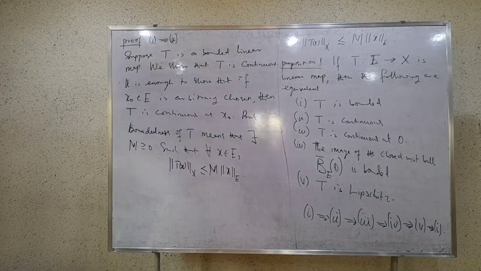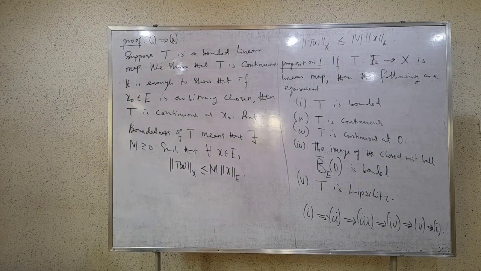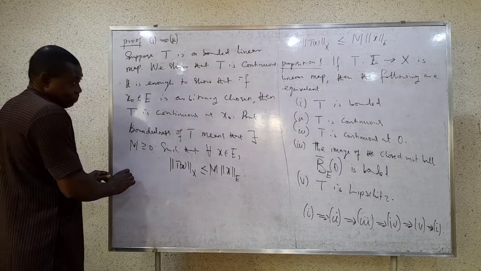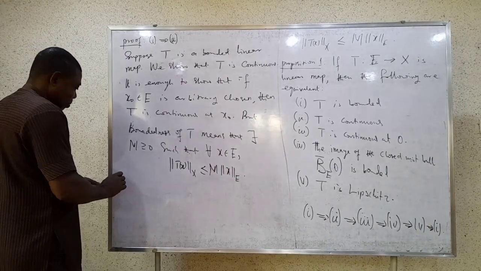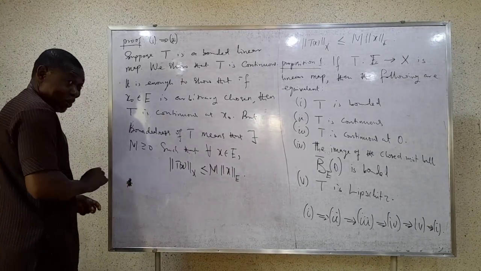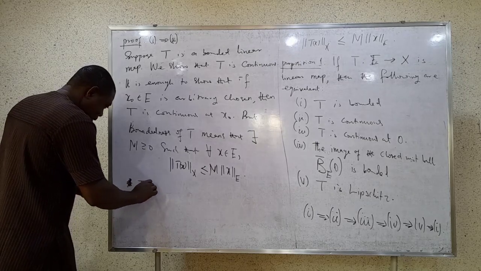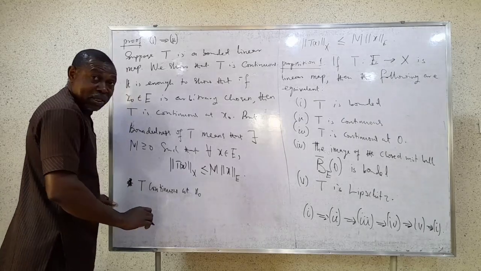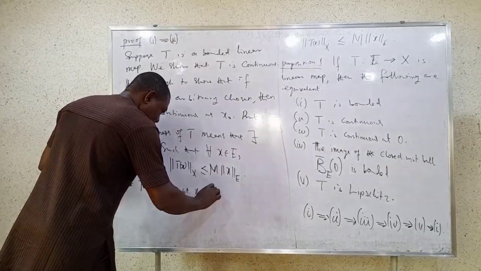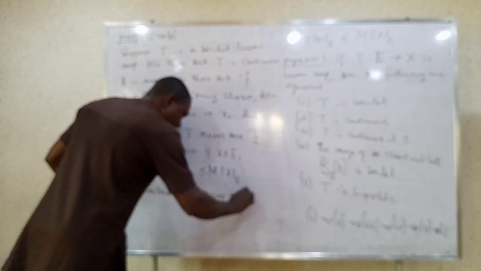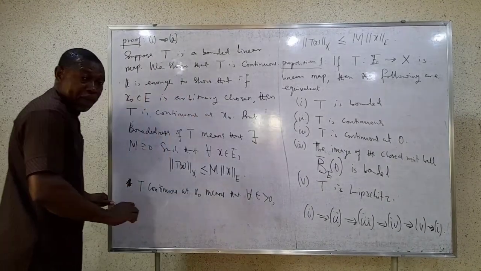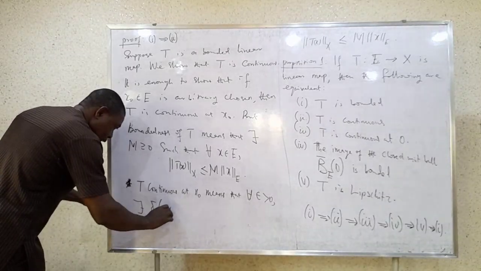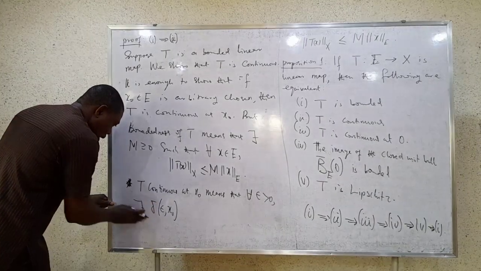This is what it means that T is bounded. And what we will be looking for: T continuous at x naught means that for any epsilon bigger than 0, we can find a delta depending on epsilon and x naught.